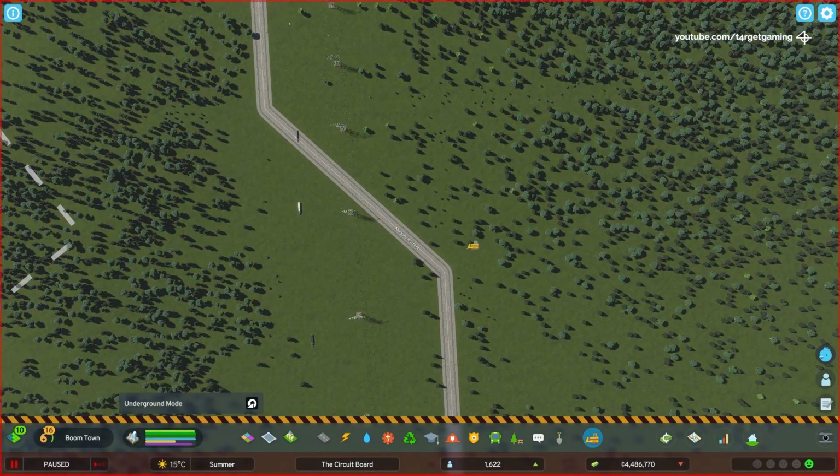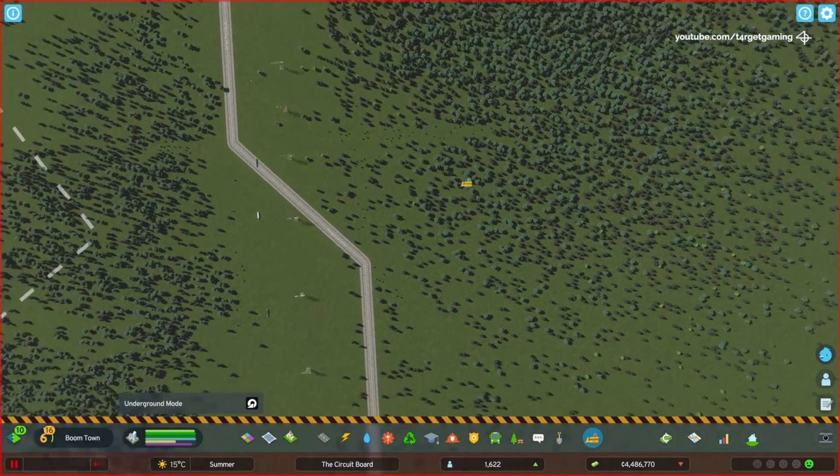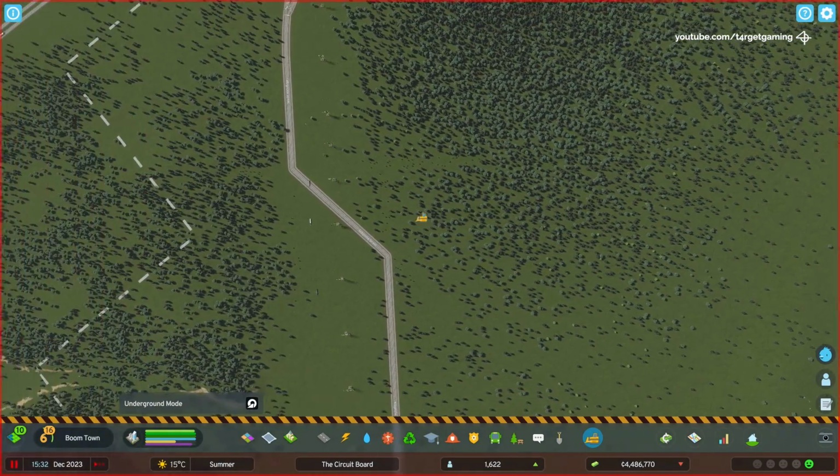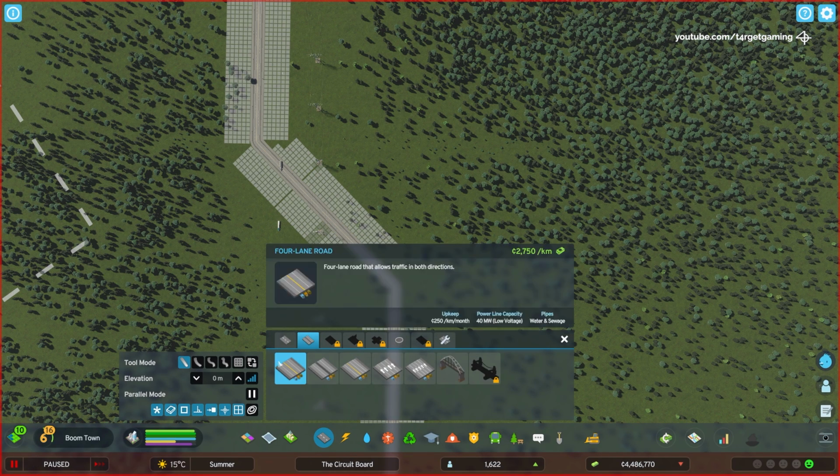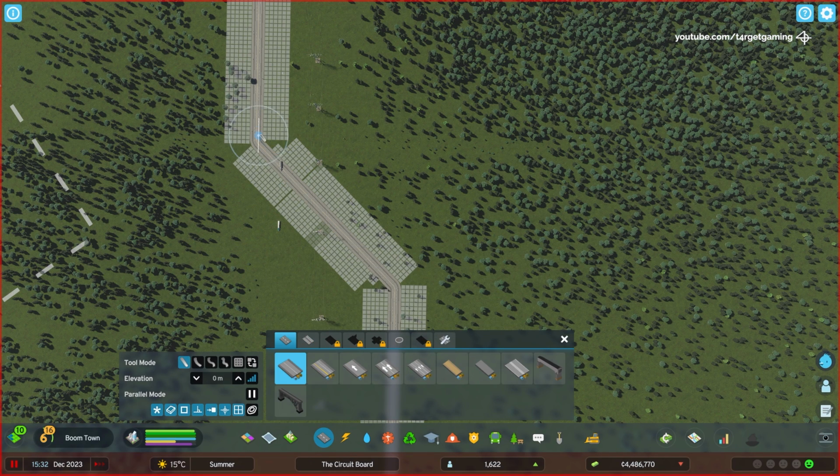And we can make the connection that will lead to the downtown area. And I want that road to be exactly at the middle here from this road. So let me once again take some measurements.